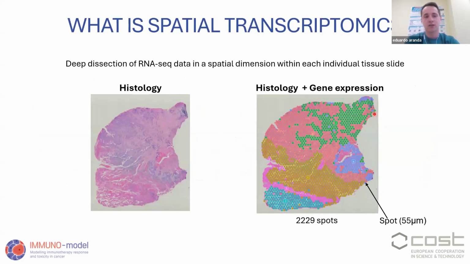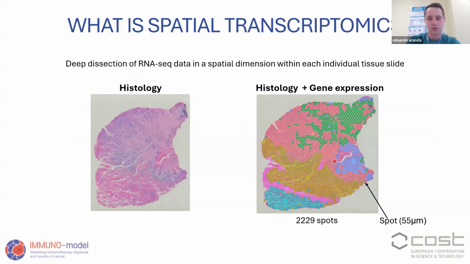Spatial transcriptomics is a deep dissection of RNA-seq data in a spatial dimension within an individual tissue slice. As we can see here, this is the histology of one sample, and here on the right is the histology with the gene expression of each spot. As we can see here, for example, this is a more purple region. It corresponds to the tumor region, and here are the spots in red.